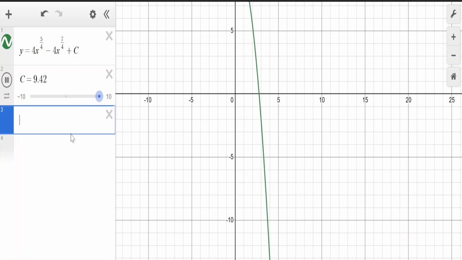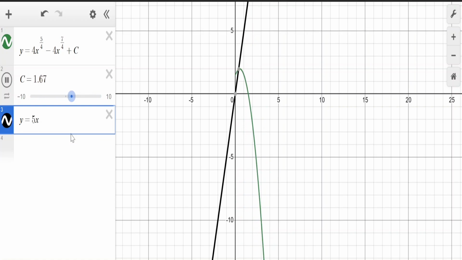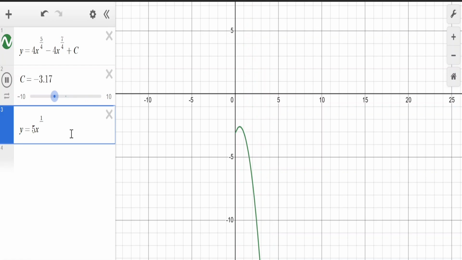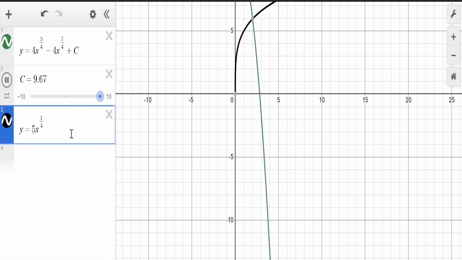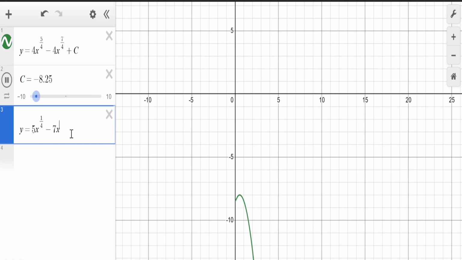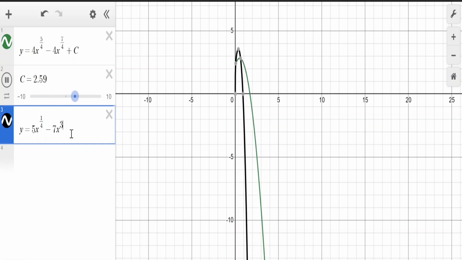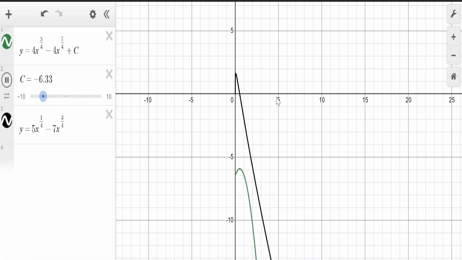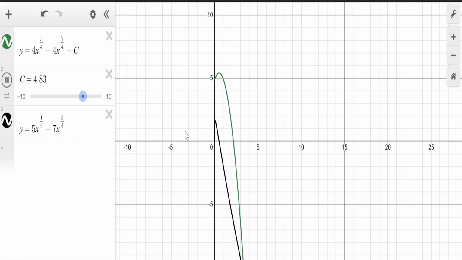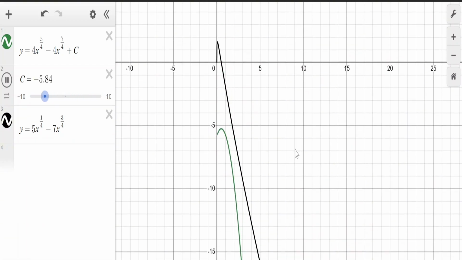And to compare it to our original problem, y equals 5x raised to 1 fourth minus 7x raised to 3 fourths. Now, as you can see, this is the overall look or visualization of our problem.